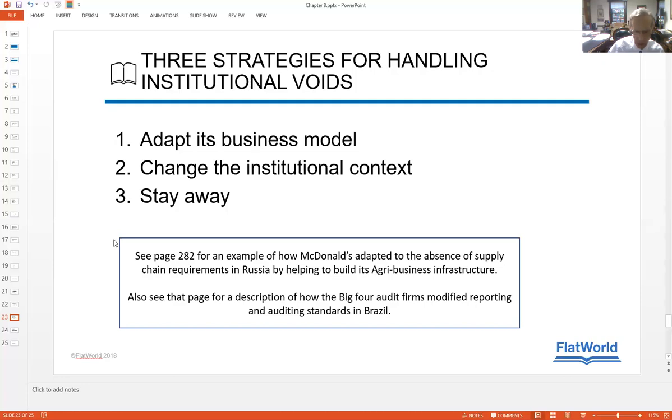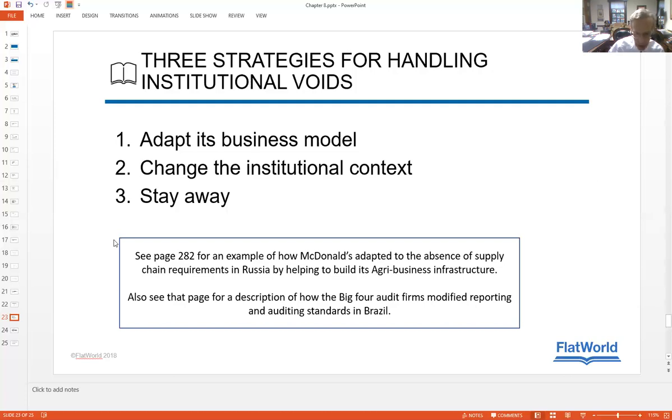But it obviously decided that that investment was worthwhile, and so it did so. Clearly, only a large company can make a venture like this, and it would only do so in a large market. But in this particular case, McDonald's did just that. It virtually helped Russia develop its agribusiness industry.